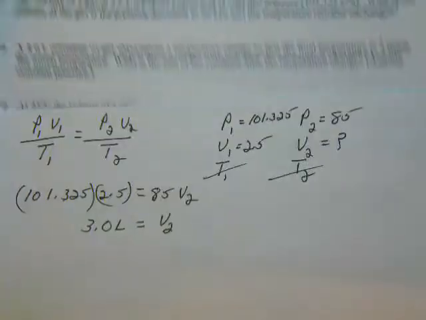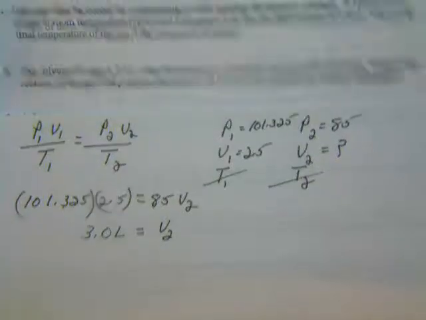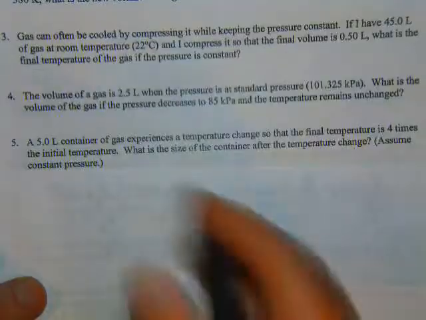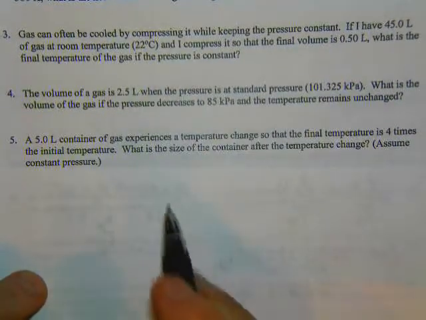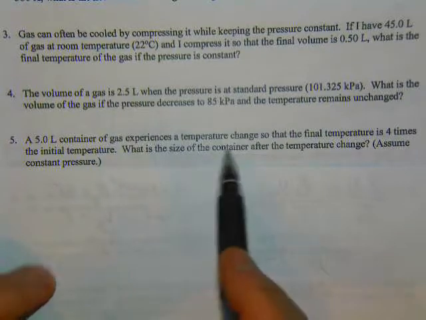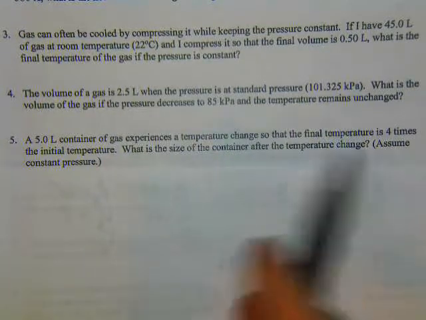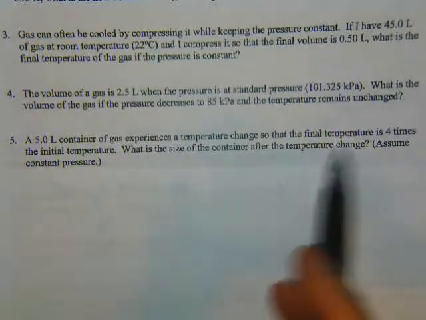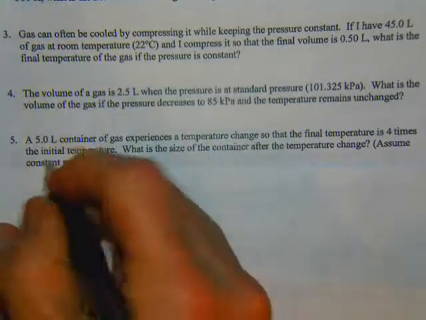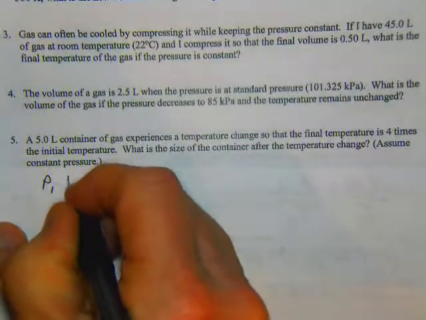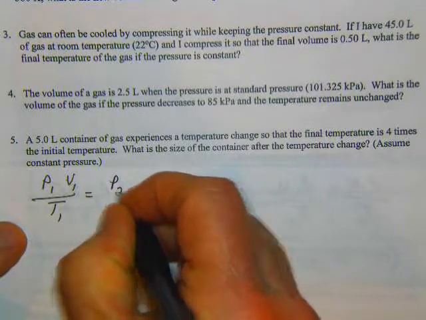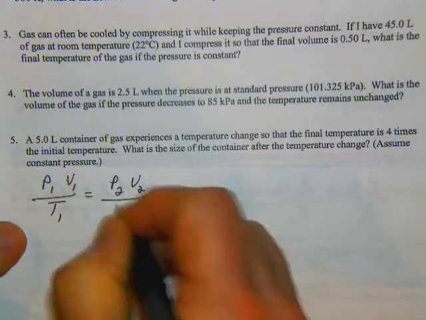Let's see if we can do one more on this one, and then we're going to have to flip it over for the next one. So let's look at number 5. A 5-liter container of gas experiences a temperature change, so the final temperature is 4 times the initial. What's the size of the container after the temperature change? Assume constant pressure. P1 V1 over T1 equals P2 V2 over T2.